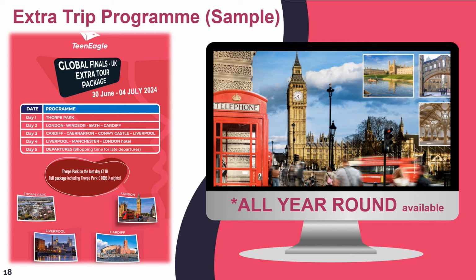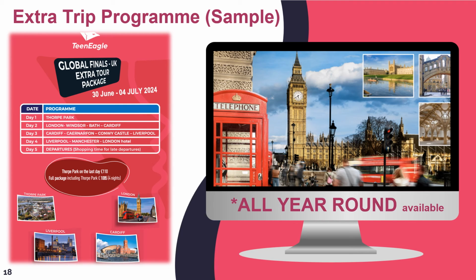There's also the extra trip program. This is if you're coming all the way to one of our global finals and maybe you want to stay a little bit longer. You can get in touch with your agent or your partner. Let them know that you want to do the extra trip program. You can see an example schedule here on the screen. This is also available on the website, of course, because I know it's quite small on the screen.